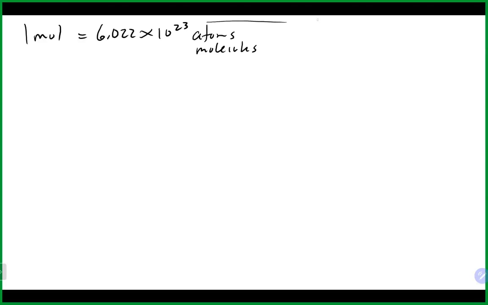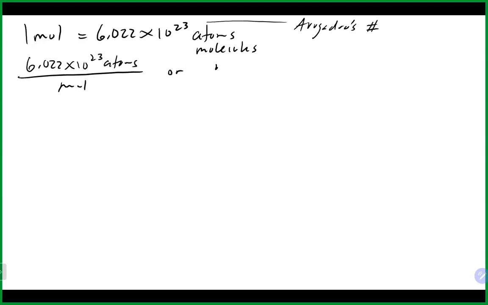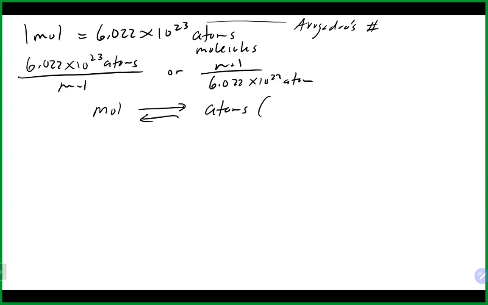And we really do use it as a conversion factor. We could say that there are 6.022 times 10 to the 23 atoms per mole, or a mole is 6.022 times 10 to the 23 atoms, or they could be molecules as well. This is what we use again to go from moles to either atoms or molecules.